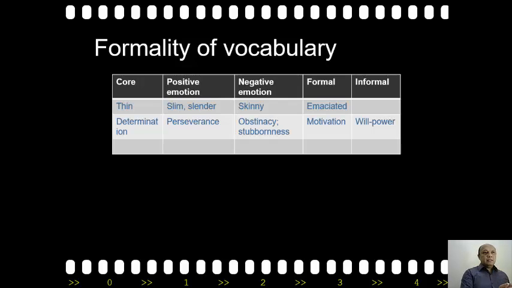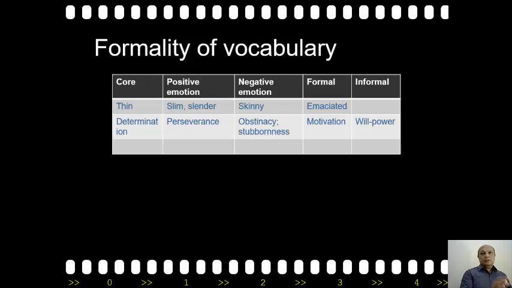The formal term is motivation, and the informal term is willpower. From this simple table, you can see there are quite different ways of expressing words which have the same meaning but a different style.